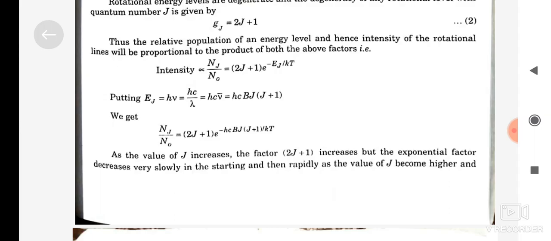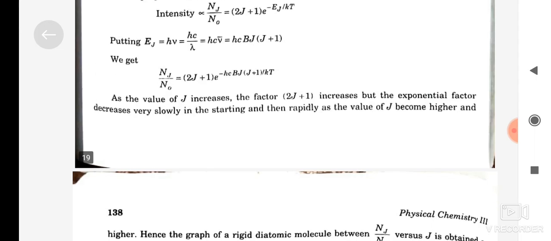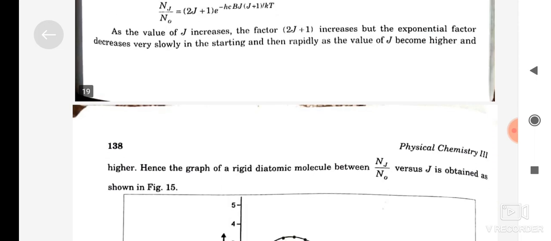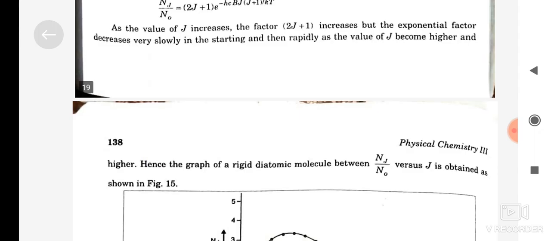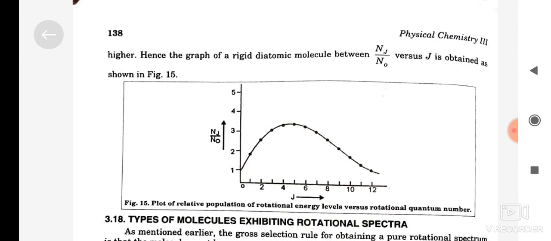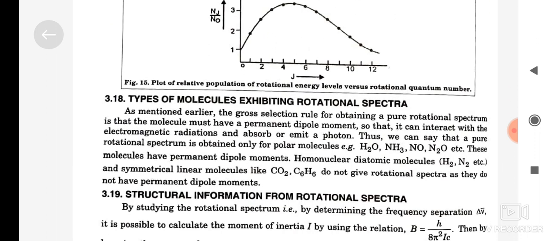As the value of J increases, the factor 2J plus 1 increases, but the exponential factor decreases very slowly in the starting and rapidly as the value of J becomes higher and higher. Hence the graph for the rigid diatomic molecule between NJ upon N naught versus J is obtained as shown in figure 15.